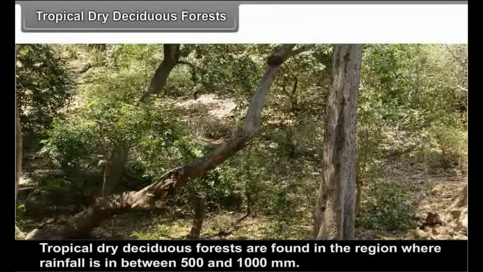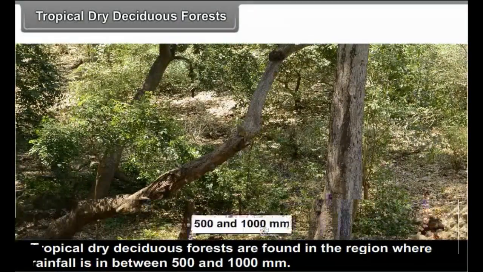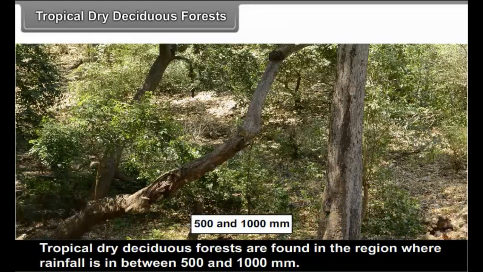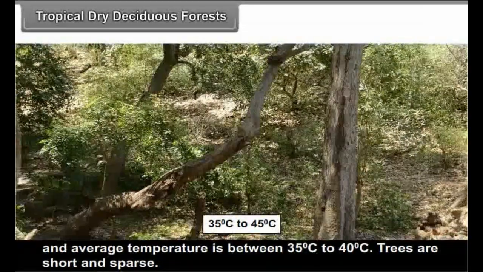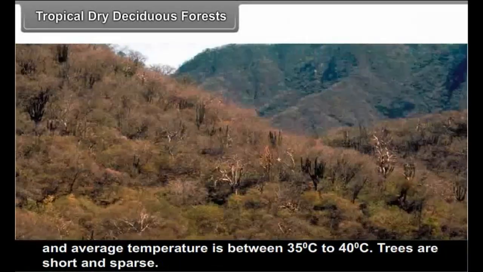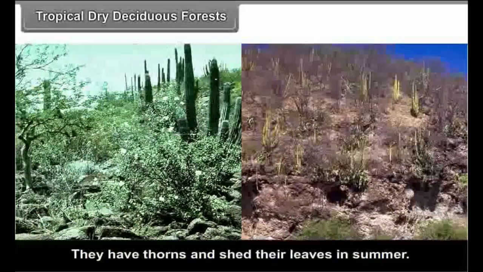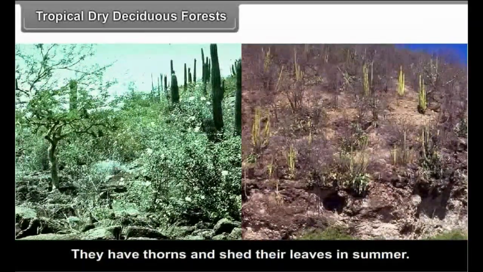Tropical dry deciduous forests. Tropical dry deciduous forests are found in the region where the rainfall is between 500 and 1000 mm and the average temperature is between 35 to 40 degrees Celsius. Trees are short and sparse. They have thorns and shed their leaves in summer.